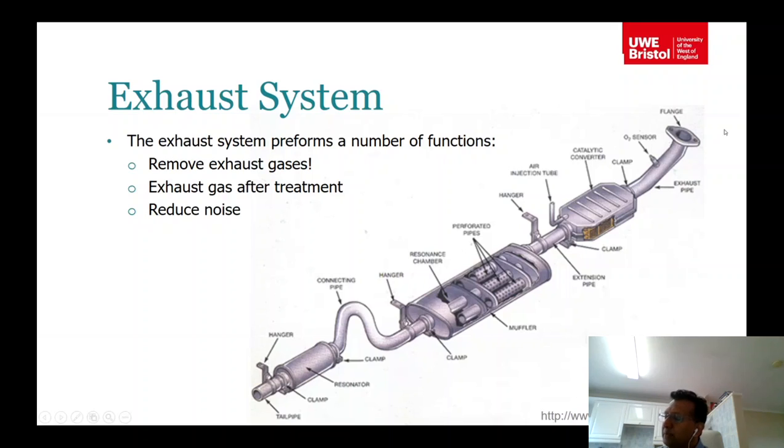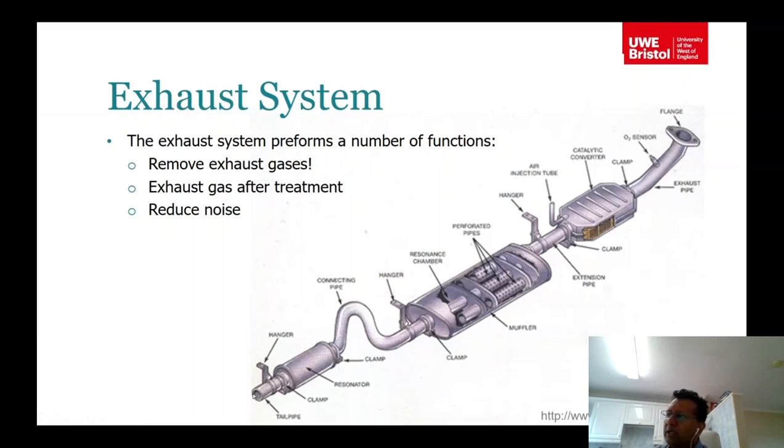So when the exhaust air comes from the exhaust manifold, you have an O2 sensor in the exhaust manifold, and it will tell you whether you have unburnt hydrocarbons in there. If it is there, the catalytic converter kicks in and burns it a little further, and it passes the air into the muffler area of the exhaust system, and then it sends it to the resonator, and then it expels the air through the tailpipe.